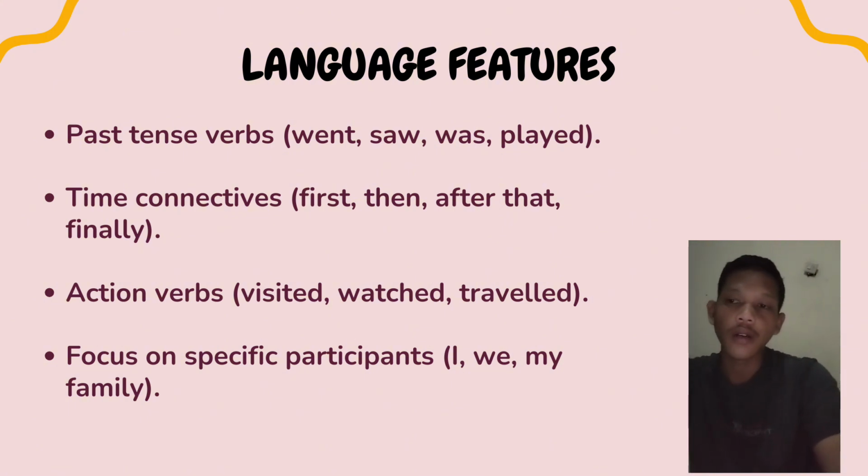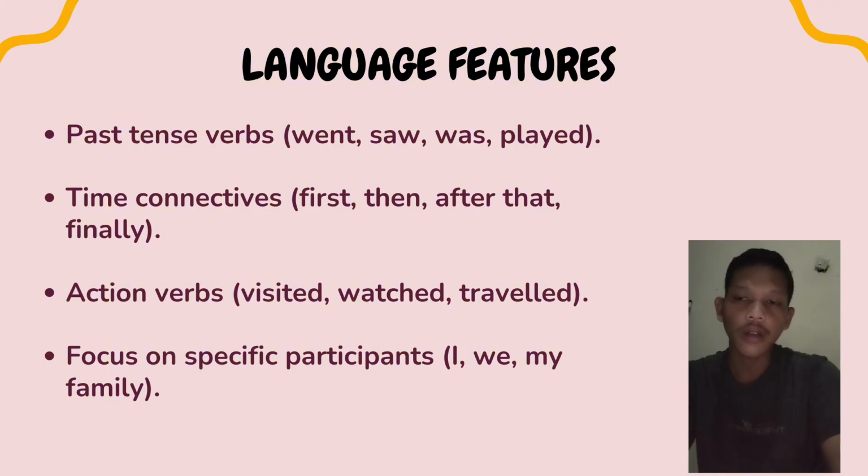So time connectives are actually divided into three parts. The first one is time connectives for beginning, the second one is time connectives for middle, and the last one is time connectives for ending. So for beginning we can use first of all, in the beginning, like that.